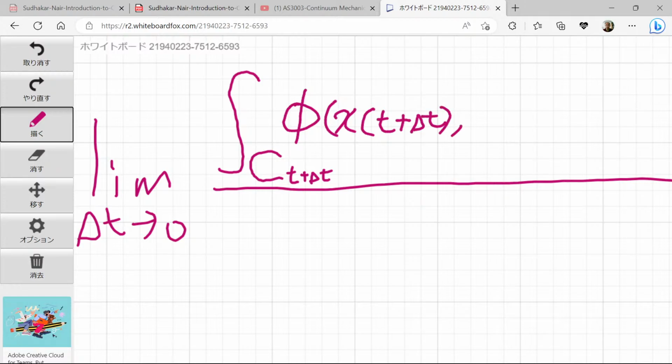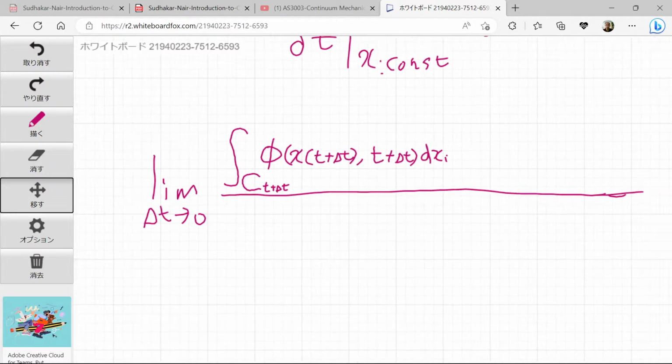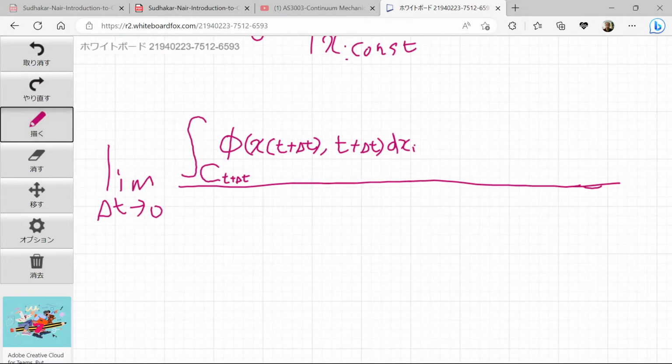Then dxi, minus the integral along the path at time t.